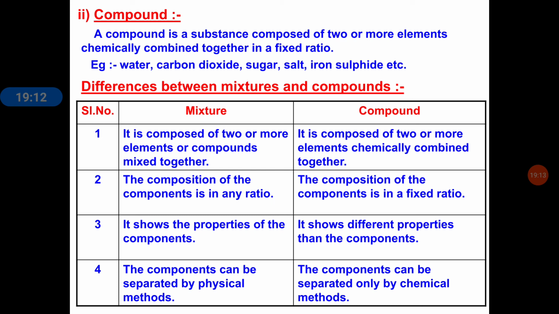But in a compound it is difficult. The components can be separated only by chemical methods. Removing the husk and the stone from the grains is an example of separating a mixture.